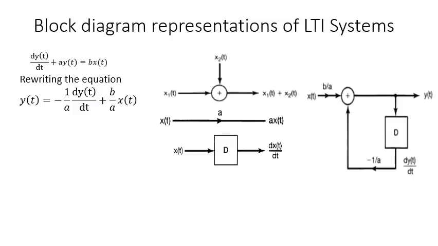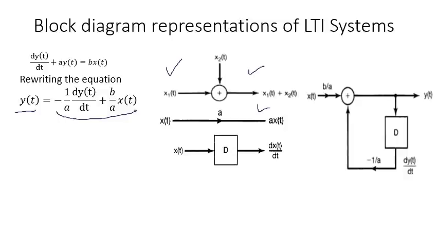Now to solve this problem, again we rewrite the equation so that we have the output on one side, which is y of t, and the other quantities on the right hand side. Again we have the addition, similar to what we had for discrete time; continuous time is also represented in the same way, with the exception that now the independent variable is t.